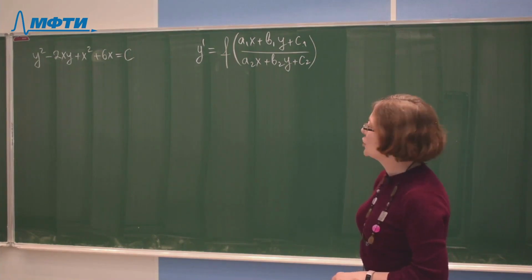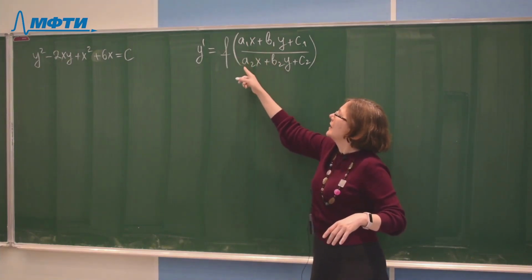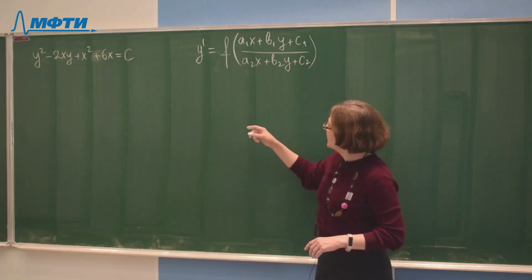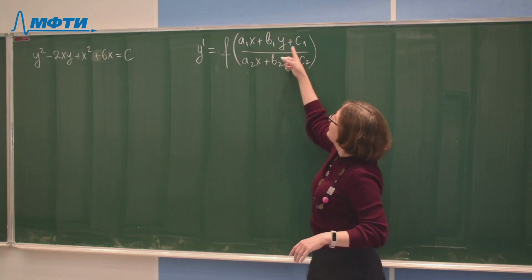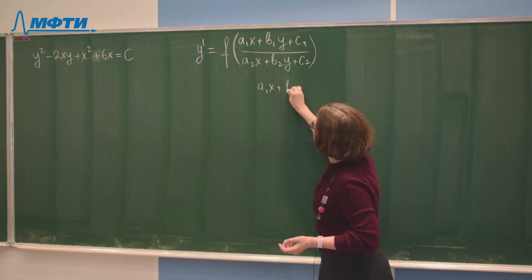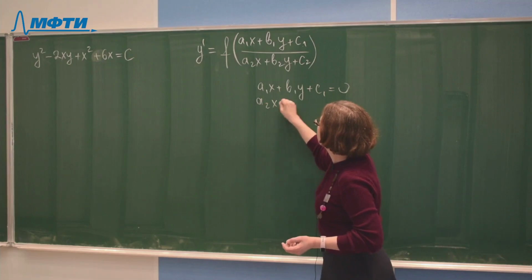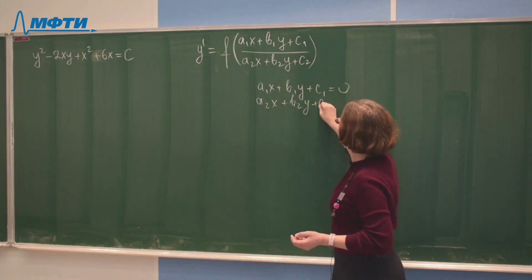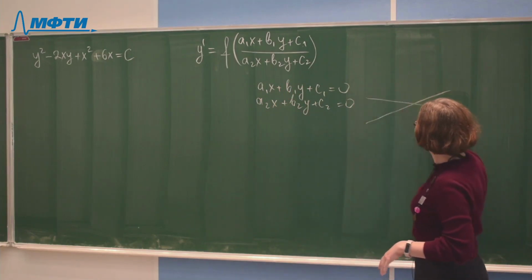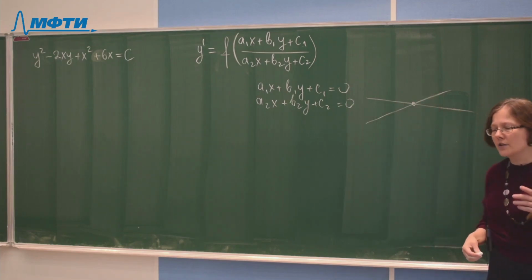Okay, and if the linear parts, a1, b1, are not proportional to a2, b2, this means that if we consider two straight lines given by a1x plus b1y plus c1 equals 0 and a2x plus b2y plus c2 equals 0, then these straight lines are not parallel, and they intersect each other at a single point.